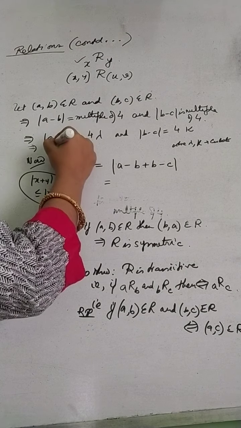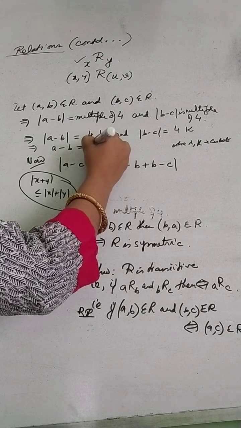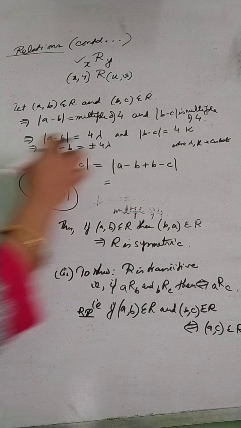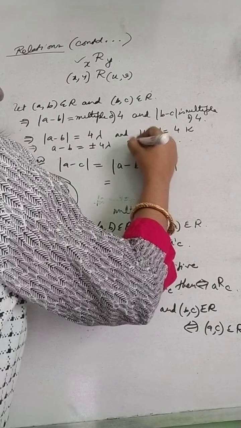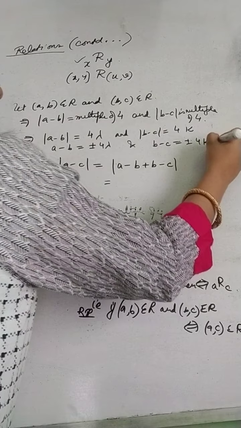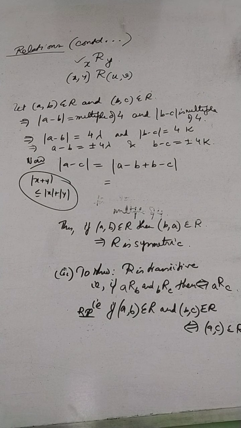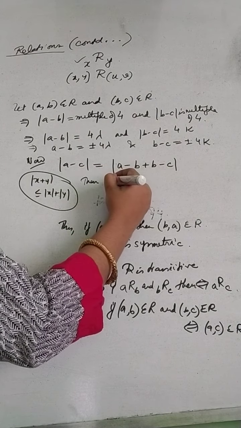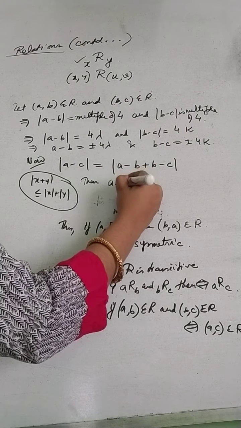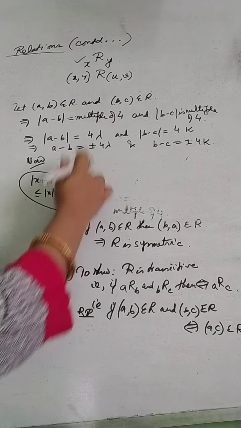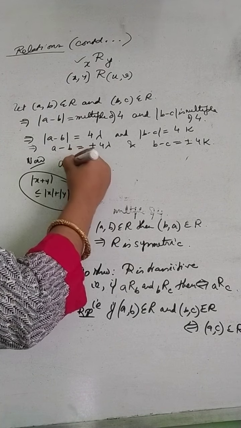Then you can do one thing, then A minus B becomes either positive or negative of 4 lambda. I'm removing the modulus sign, and this also means that B minus C is plus minus 4k. Okay, so therefore what will you write? In that case you will write then A minus C. Suppose you don't know this property, then you proceed like this.